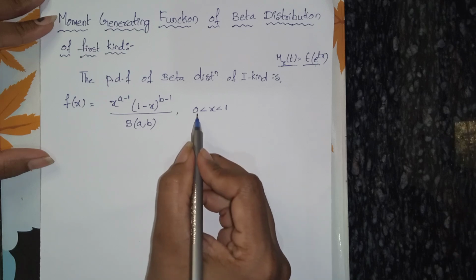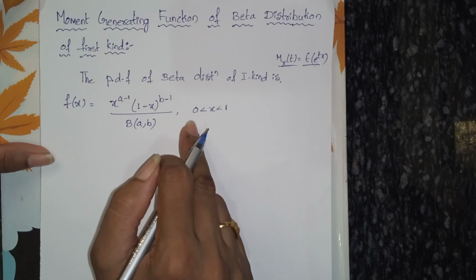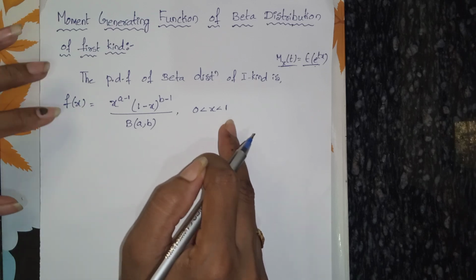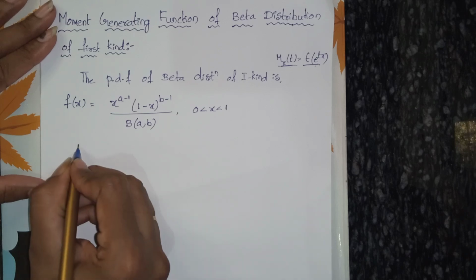If the limits are from 0 to 1, that is called first kind. If the limits are 0 to infinity, it is called second kind beta distribution. Now we are going to discuss the first kind, so here the limits are 0 to 1.